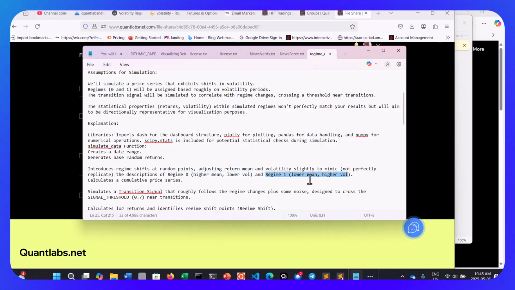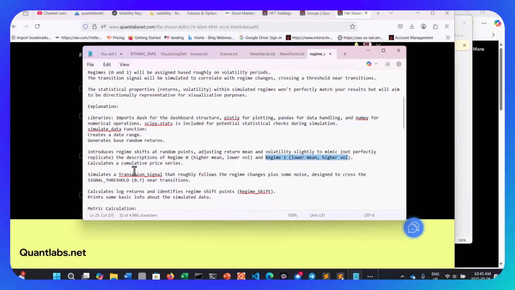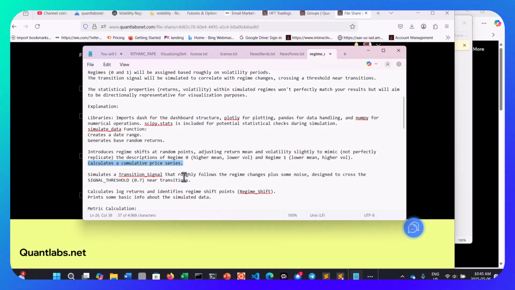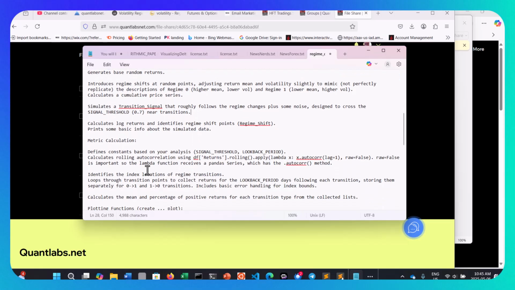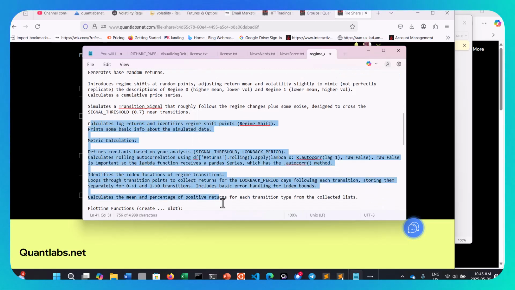Regime 1 has a lower mean and higher volatility, calculating a cumulative price series. Out of that, we get a transition signal and the value of it. It roughly follows the regime changes plus some noise, designed to cross the signal threshold, which is set at 0.7 near the transition. On and on it goes.